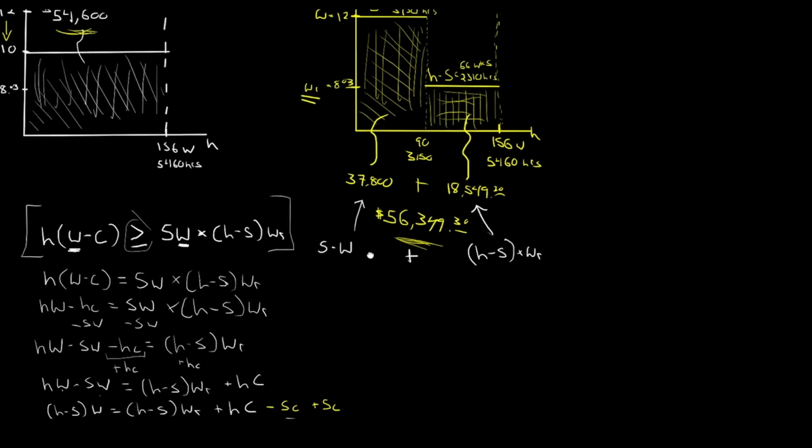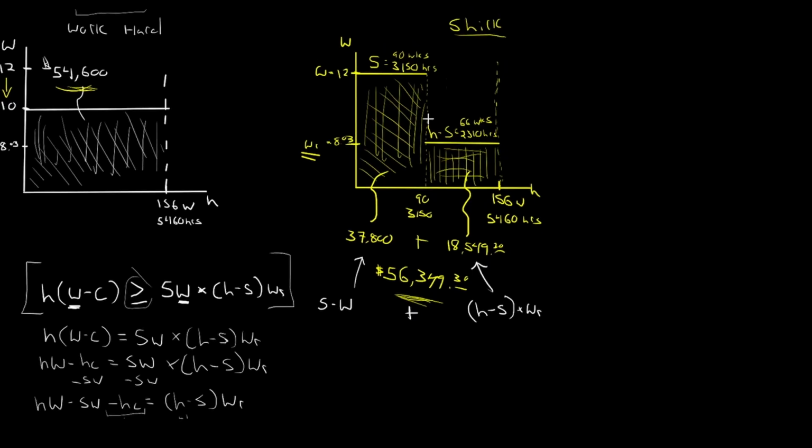Let's go back up here. What's our rent we get from shirking? Well, we have 54,600 from putting in effort. So if we get 56,349 and 30 cents from shirking versus that 54,600 from working hard, well, my economic rent from shirking is 1,749.30 over the total number of hours.